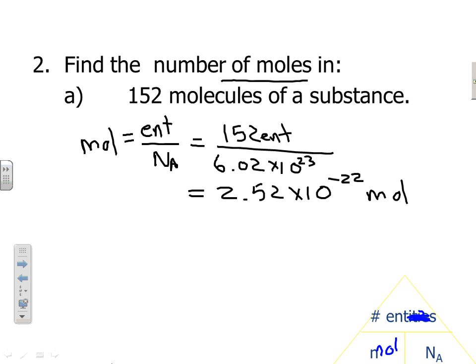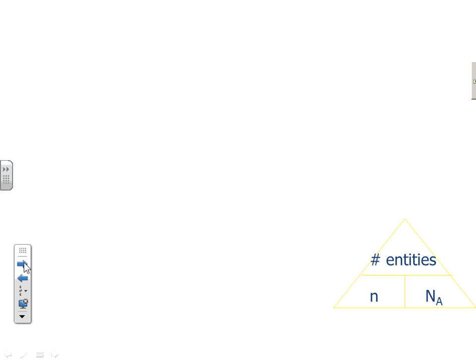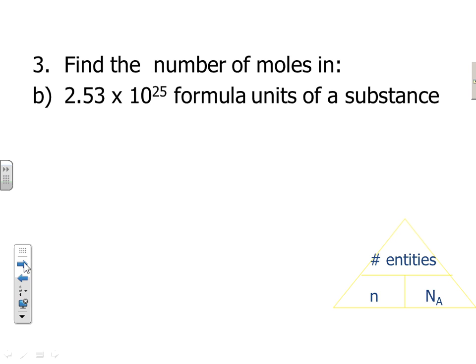Okay, let me advance to the next one, and then you can come up and show me what you did. Come on up. Show me how you put it in your calculator. Put it in as 152 divided by 6.02. No, EE. Yes, there is.